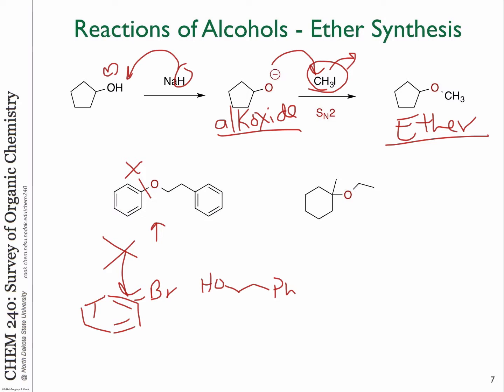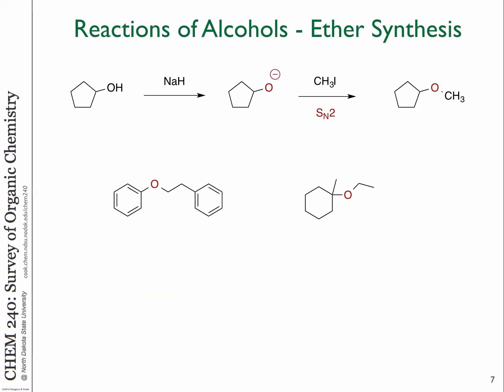So the only choice here for the alcohol and halide would be to form this bond. So the alcohol would be this portion. The halide would be where you broke it off. So that's the alcohol you start with to make this ether, and the bromine would be on that primary carbon. That's the only way that would work to make that ether, through this ether synthesis. Okay?